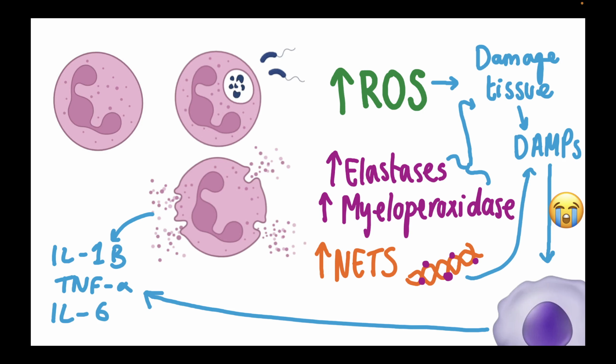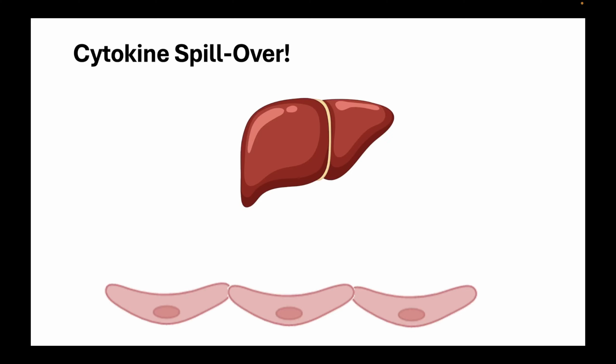So now these cytokines are not just affecting the area of infection. They're going to be everywhere now, and that's going to cause vasodilation everywhere. And that's not good, because it can compromise your vital signs. So how exactly is it going to do that? I'm going to explain one of the most dangerous things that can happen.